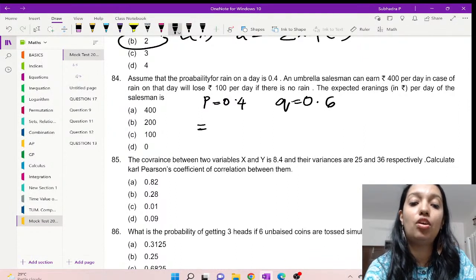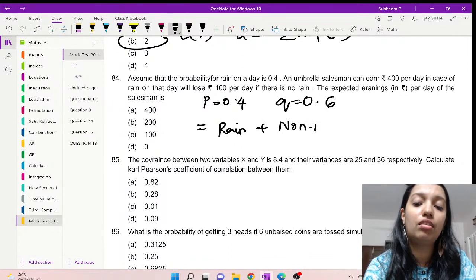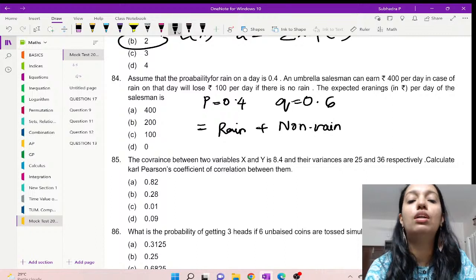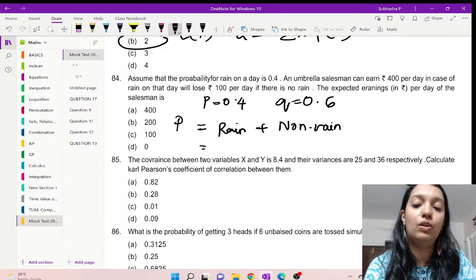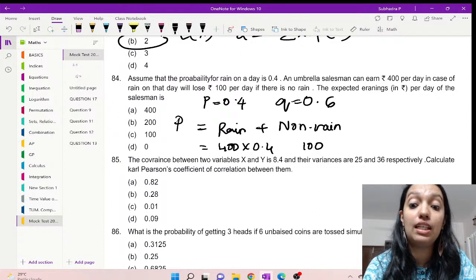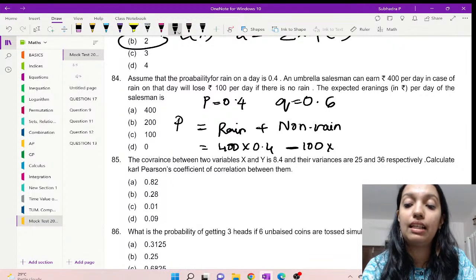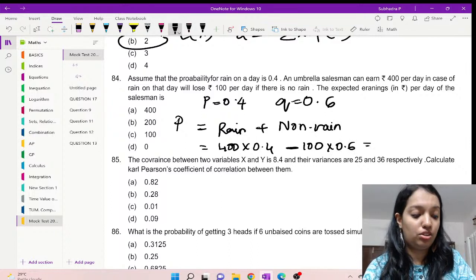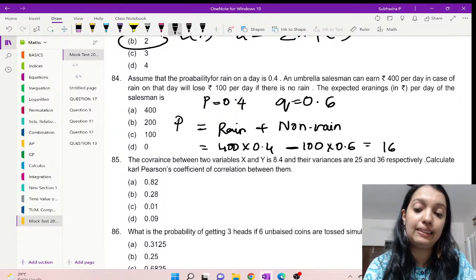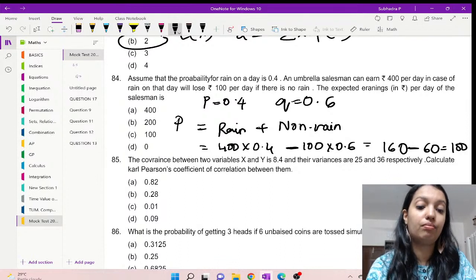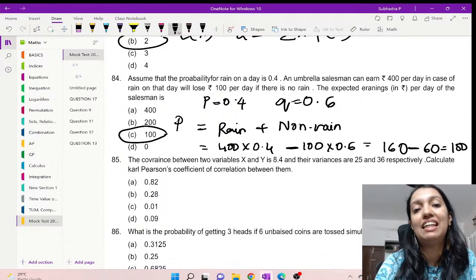The probability of rain plus the probability of not raining gives you the total, which is 400 in case it rains plus 100 he loses. That means you have to subtract it. He loses 100 in case it doesn't rain. So your answer will be 160 minus 60, 100. So 100 rupees is the expected earning.